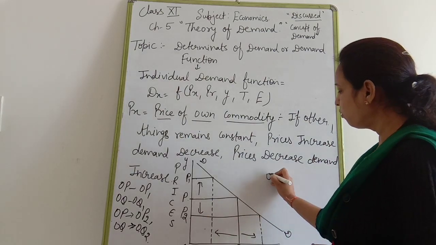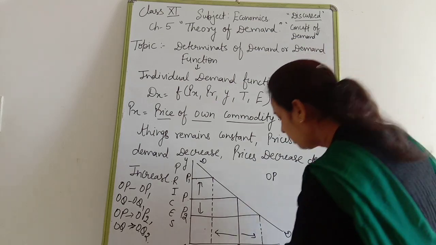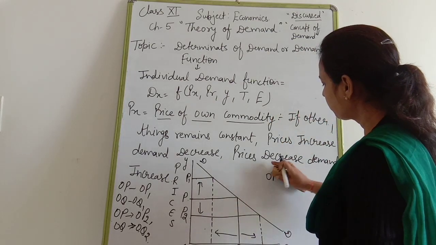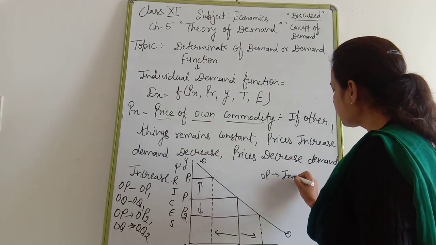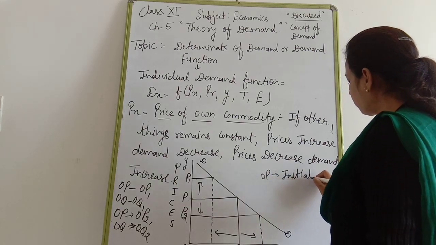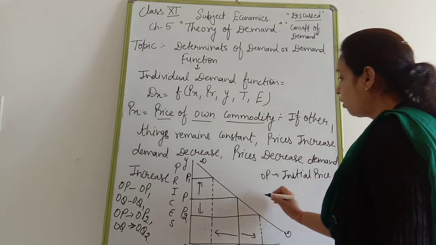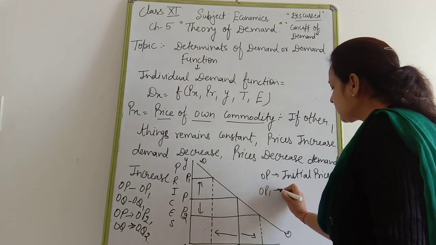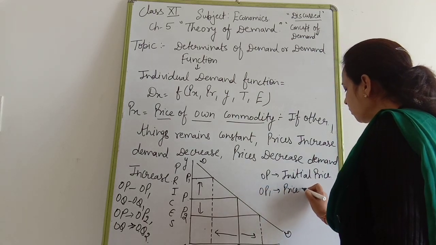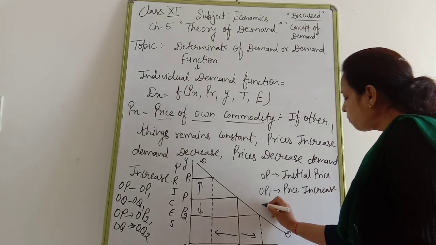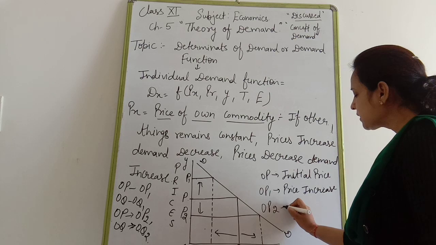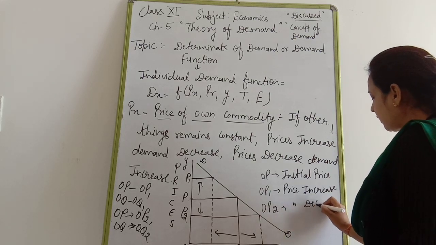OP, all of you know, is price. OP is the initial price, OP1 is when price increases, OP2 is when price decreases.